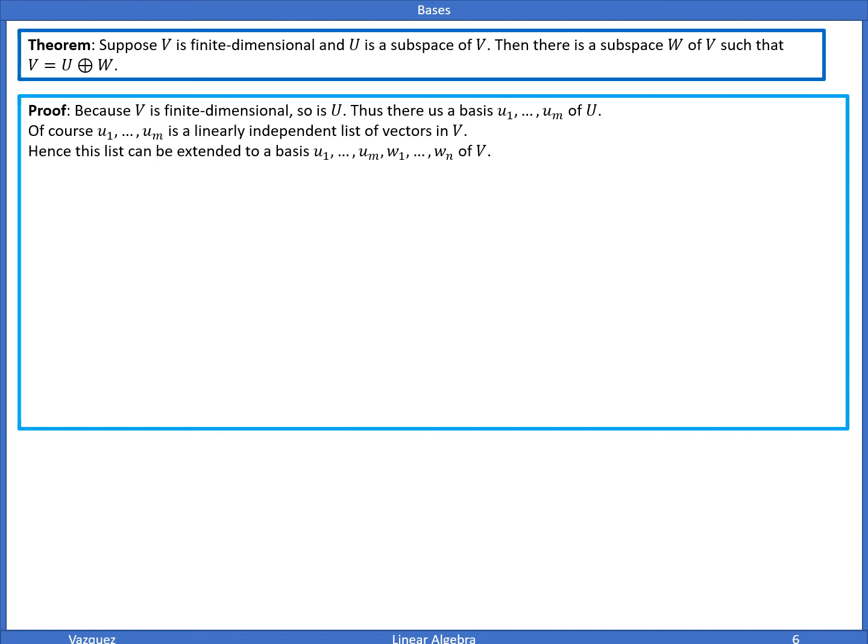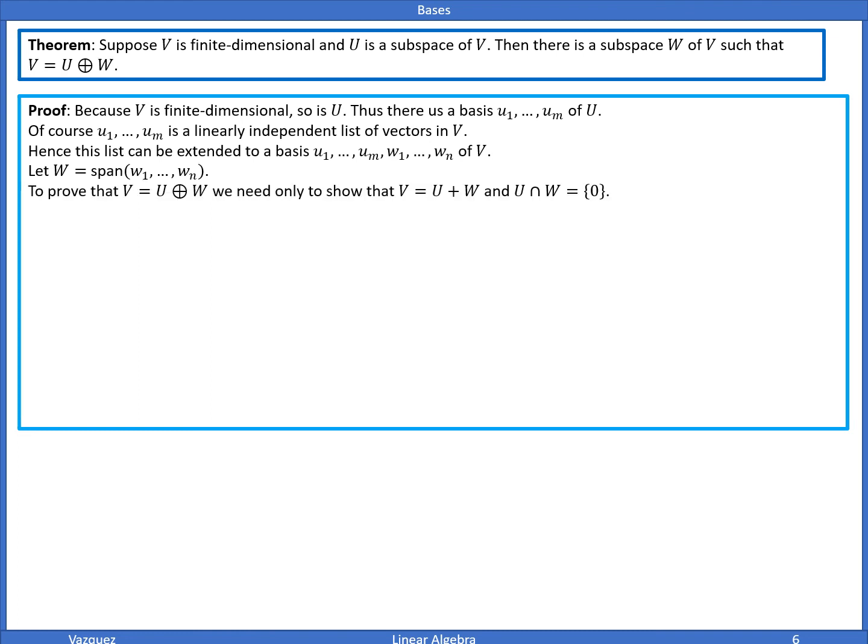This list can be extended to a basis u1 to um, and then also including w1 to wn, of V. Now, we're going to let W equal the span of the vectors w1 to wn.